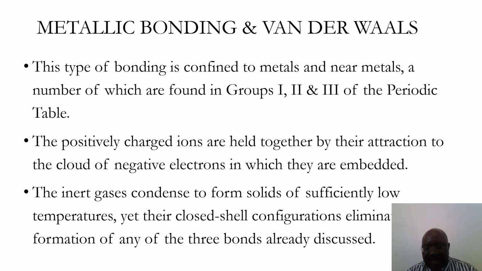Metallic bonding and van der Waals. This type of bonding is confined to metals and near metals, a number of which are found in groups 1, 2, and 3 of the periodic table, those groups labeled 2A, 3A, 2B, 3B.